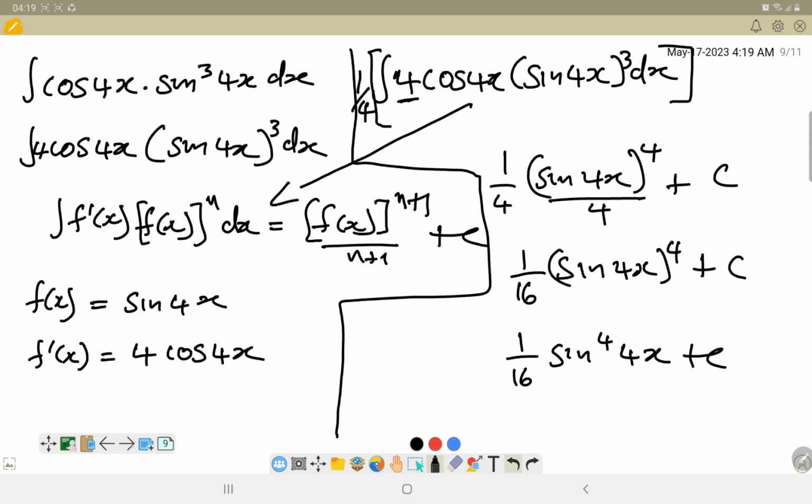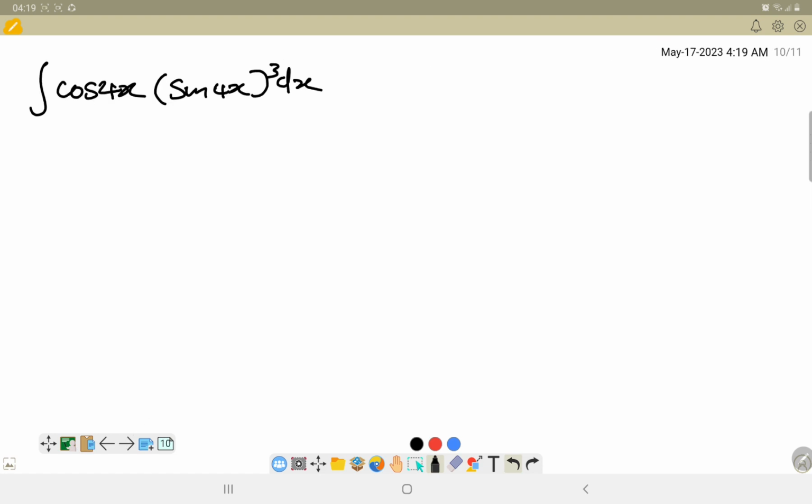When we are using u substitution, there's no need to do that. U substitution works directly to the answer. So we can let u be equal to sine 4x. We differentiate sine 4x and we get du over dx, which gives us 4 cos 4x.